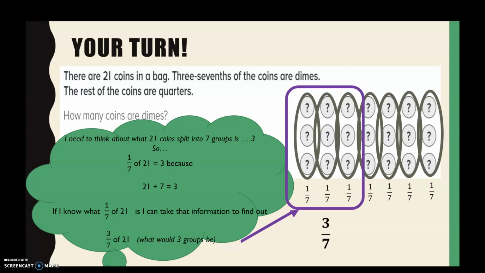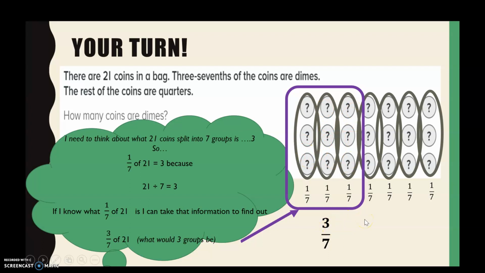So I circle my 3/7. How many coins is that going to be? So how many are dimes? Well, at this point, I'm going to be counting my 3 groups of 3s, and I will get to 9. I could think about it as being 3 times 3 in this case, because each one has 3 in them, and I need to find 3/7.